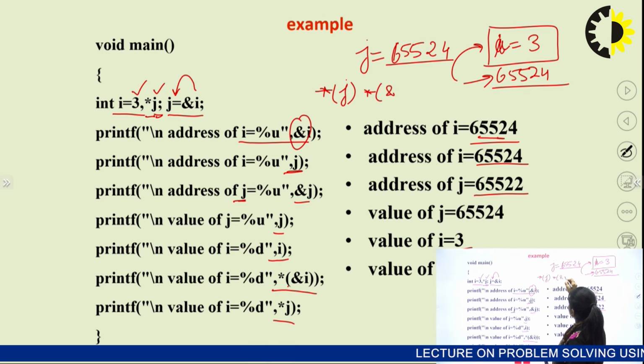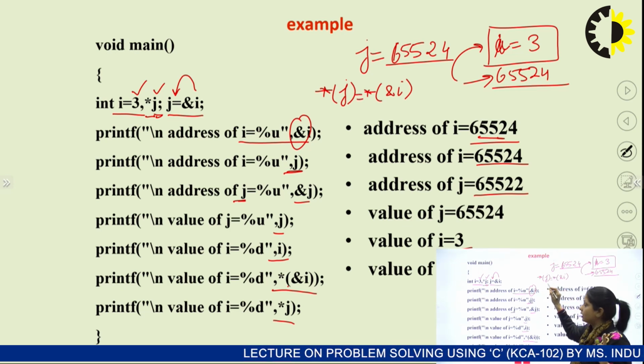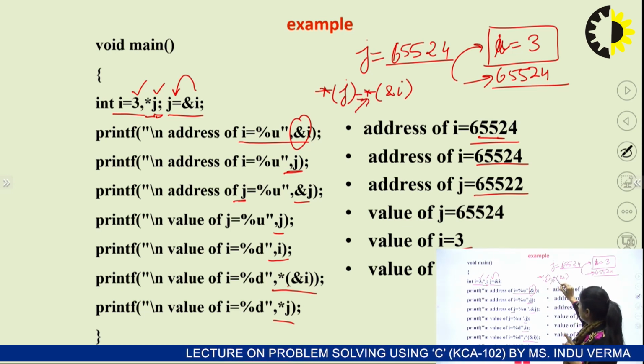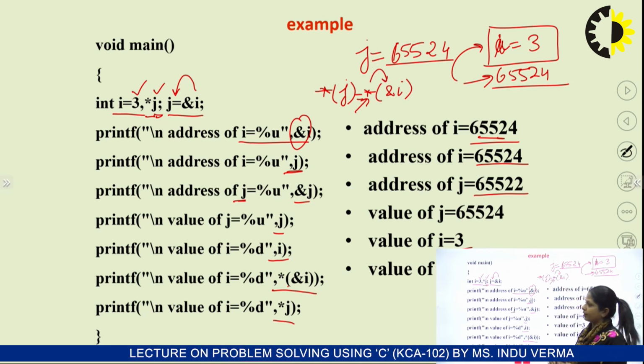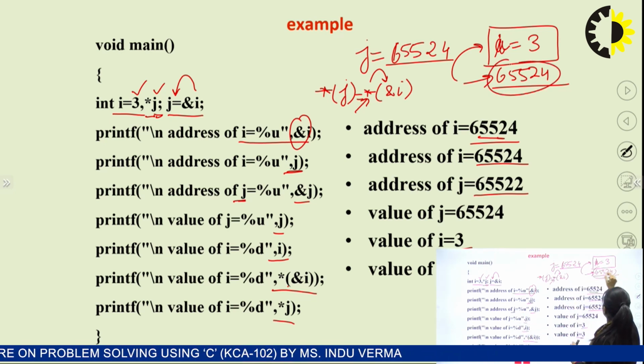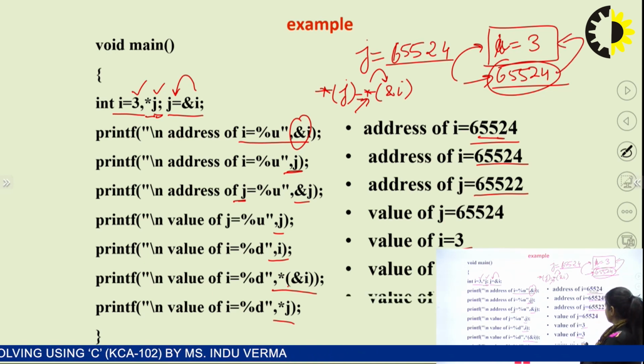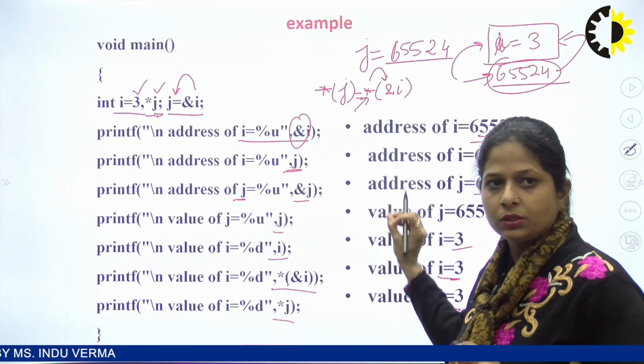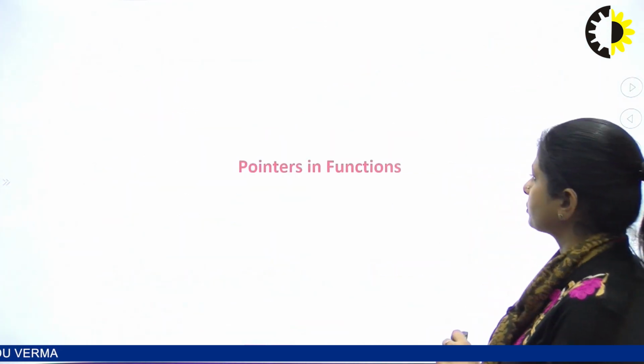J is the address of I. So it simply says value at address of I. The address of I is 65524. What is the value at this address? Right. So, that is how we can use these pointer variables.